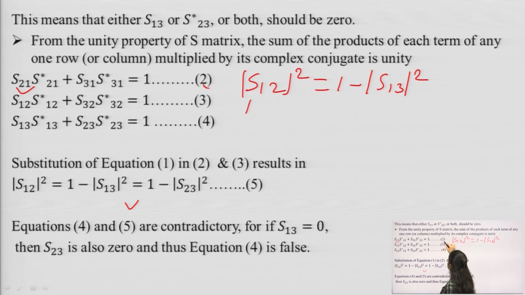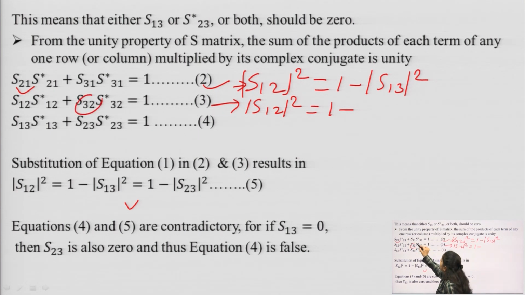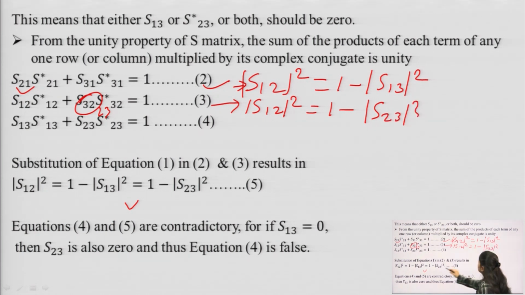Now, from the equation 2, from the equation 3, S12 square is equal to 1 minus, for S32 we can write S23 by the symmetry property. So, this is our equation, this is the equation 5 here. From the equation 2 and 3 we are getting this, but when we look over the equation 4 and 5, don't you think it is contradictory to each other?